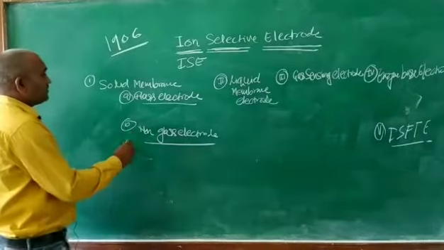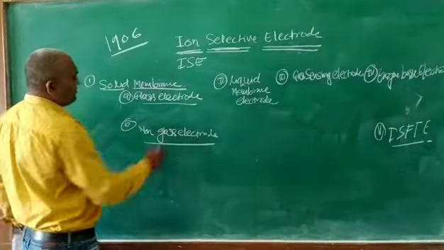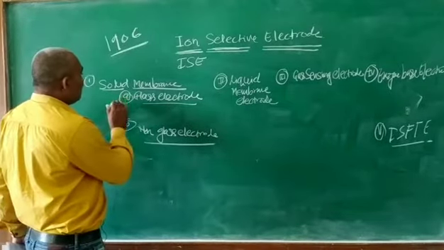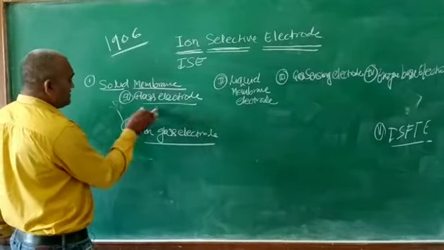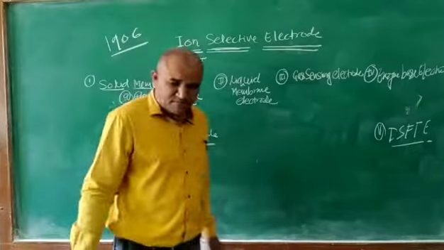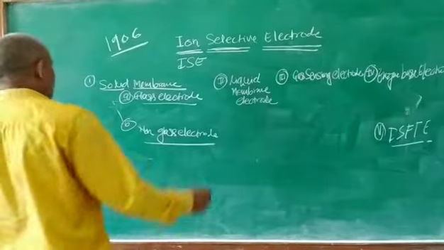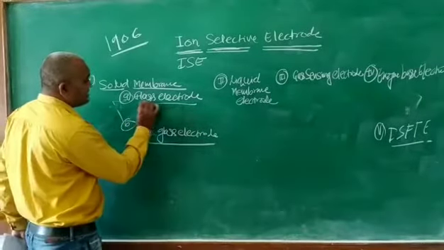The solid membrane electrode is further divided into glass electrode and non-glass electrode. Our pH electrode is one example of a glass electrode.